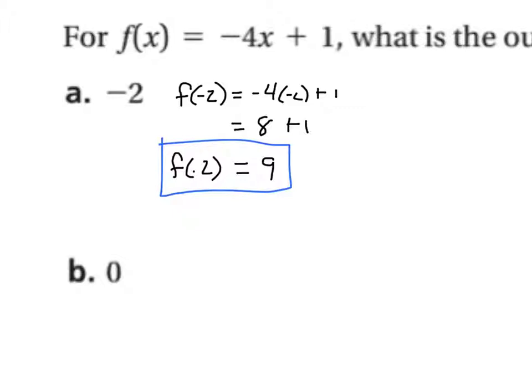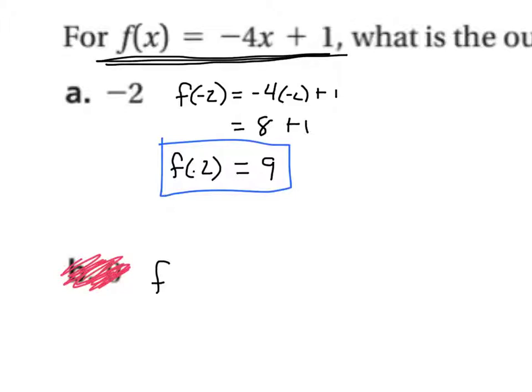All right? Now, something that you might see on a test or on homework, rather than giving you just 0 and telling you that's the input, they may ask you, knowing that this is your function, what is f of 0? Okay, well, all they're saying is plug 0 in for x.